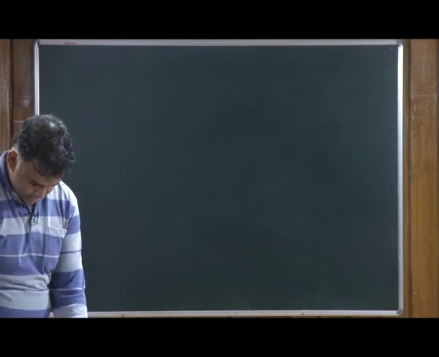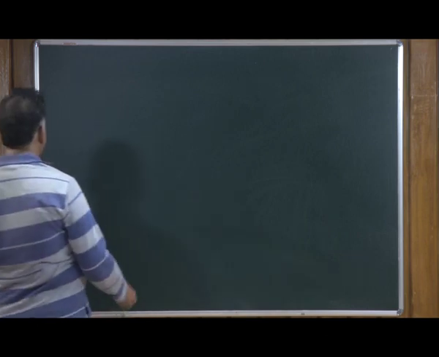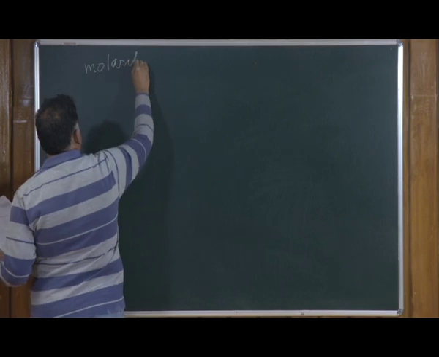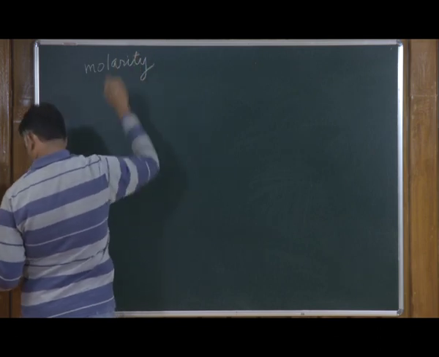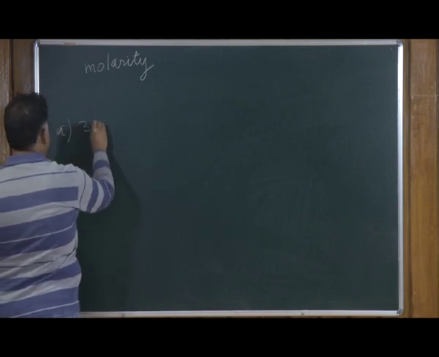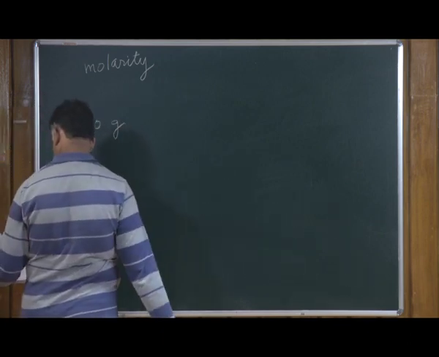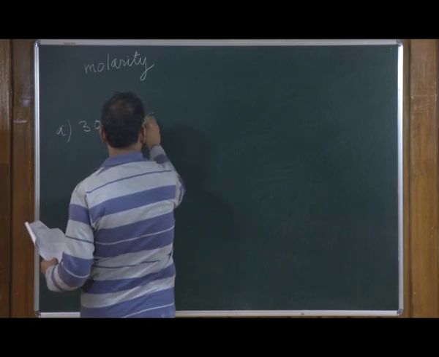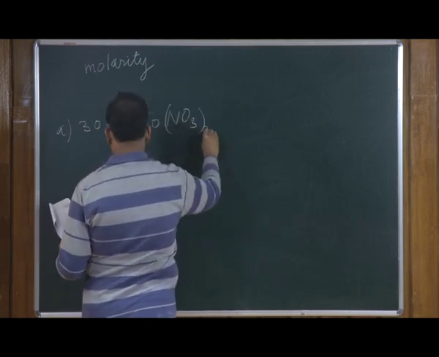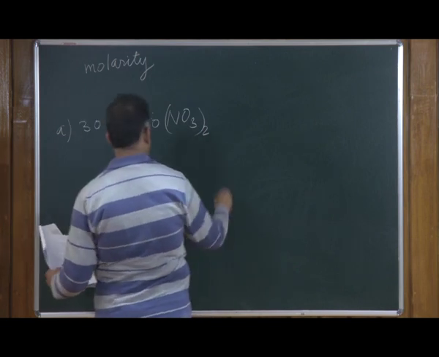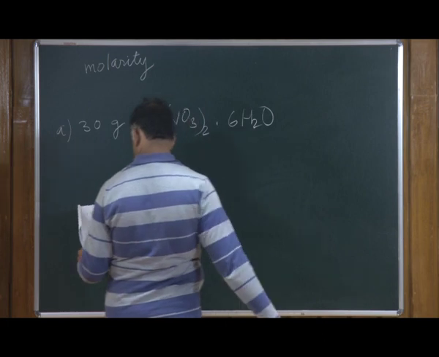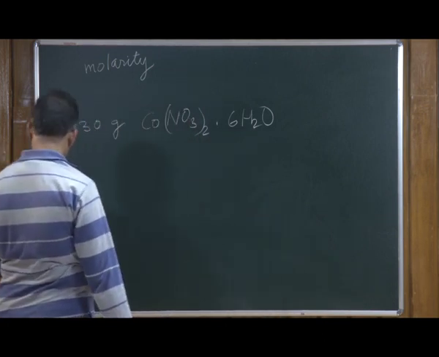So, the question is asking us to calculate molarity. So, the solution A is 30 gram of this compound cobalt nitrate dot 6 H2O in 4.3 liter of solution.